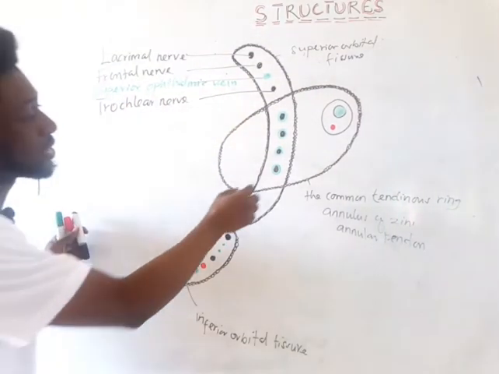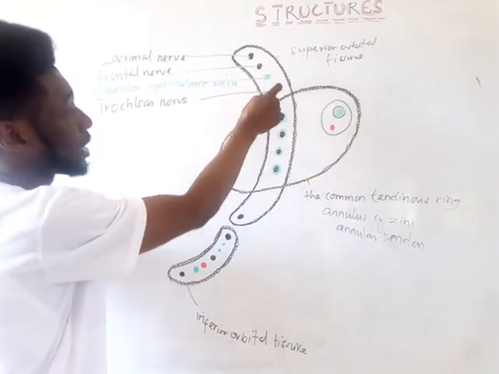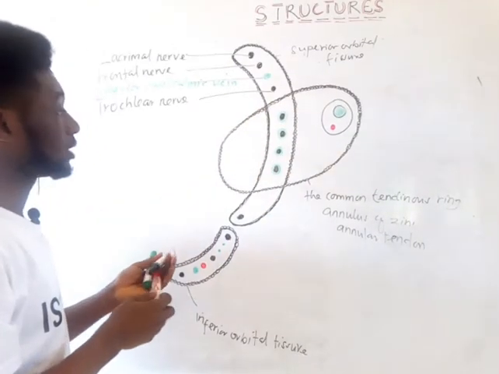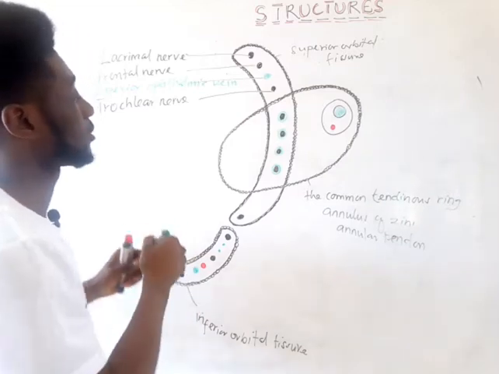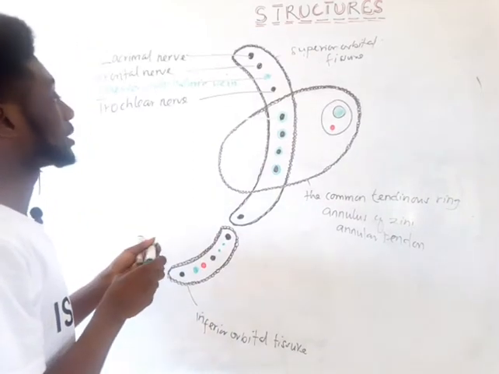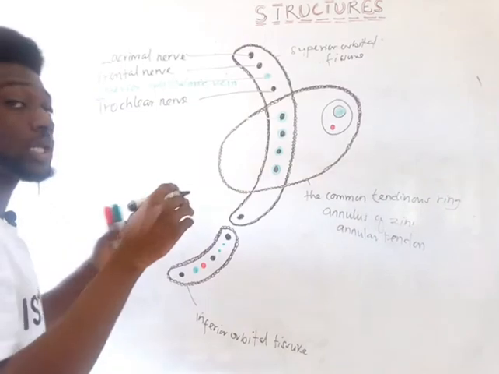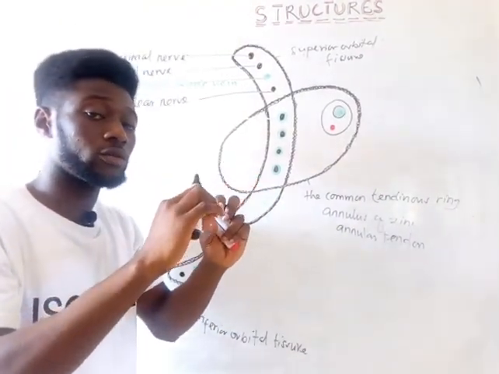Now, the structures that pass through both the superior orbital fissure and the common tendinous ring. You get the point? The first structure is the superior division of the oculomotor nerve. The oculomotor nerve has two parts: the superior division and the inferior division.